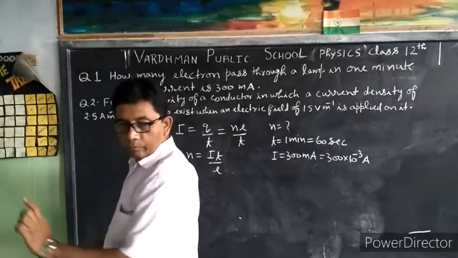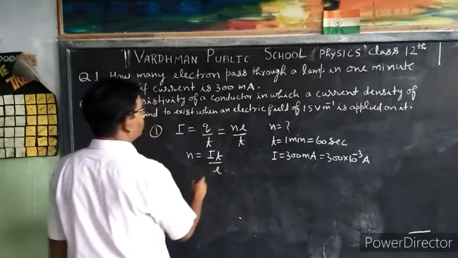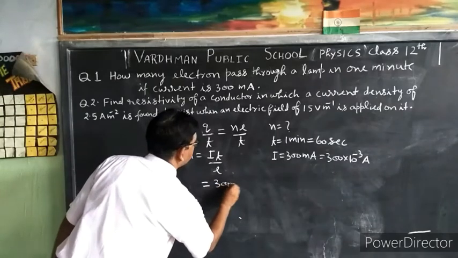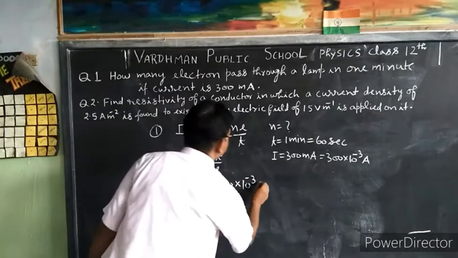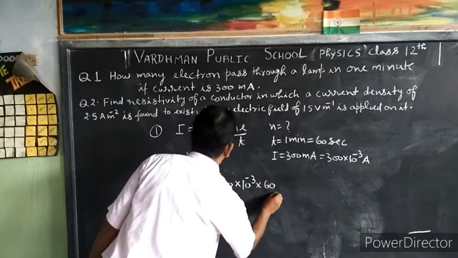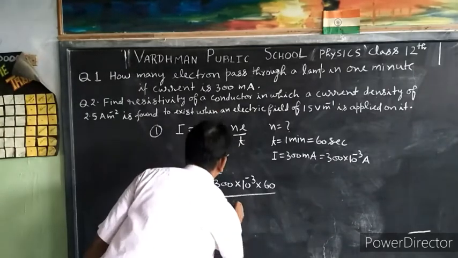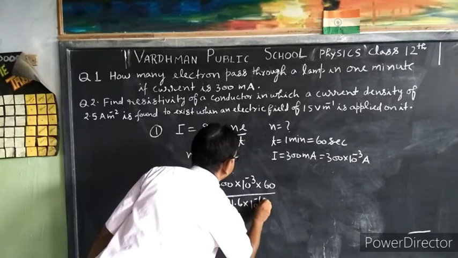Now we will put the value of I, 300 into 10 power minus 3, time is 60 seconds, and E, the charge on an electron, is 1.6 into 10 power minus 19.